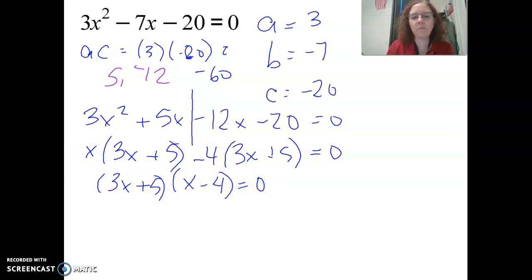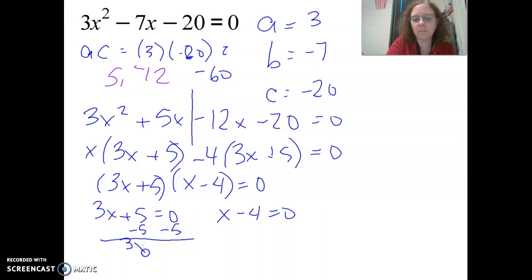Okay, now probably from Algebra 2, you guys talked about the zero product property. If I have two things multiplied together to equal 0, then either the first one equals 0 or the second one has to equal 0. So I set each of those equal to 0. I'm going to solve those by doing the opposite operation. Divide by 3 here.